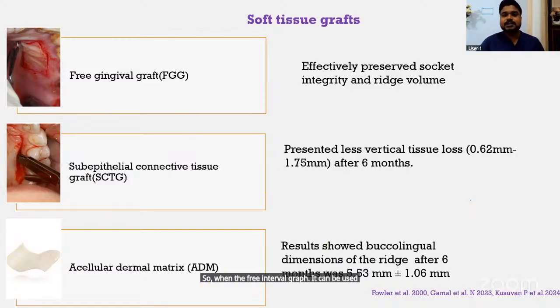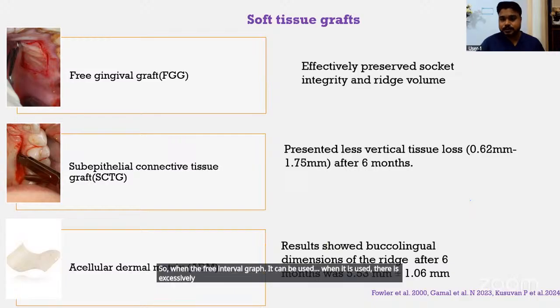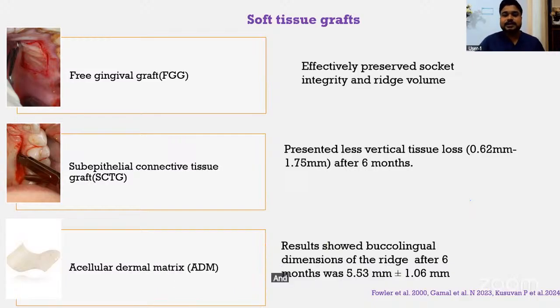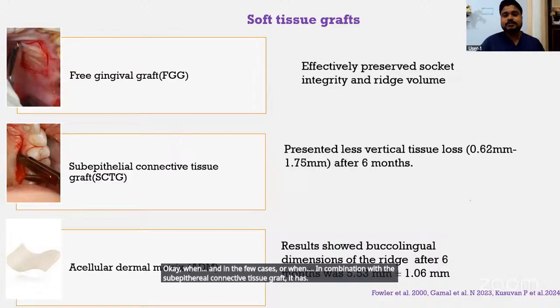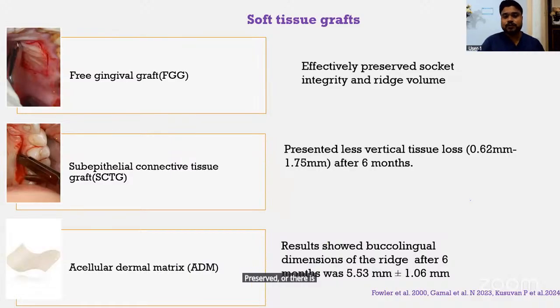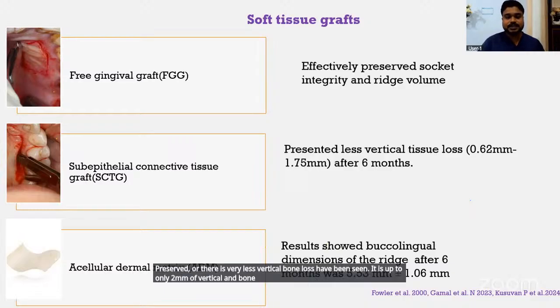So when the free gingival graft is used, there is an excessively preserved socket and the integrity and the volume of the alveolar ridge has been maintained. Okay, in a few cases, or when in combination with the subepithelial connective tissue graft, there is very little vertical bone loss seen. It is up to only 2 mm of vertical bone loss after 6 months in these cases.